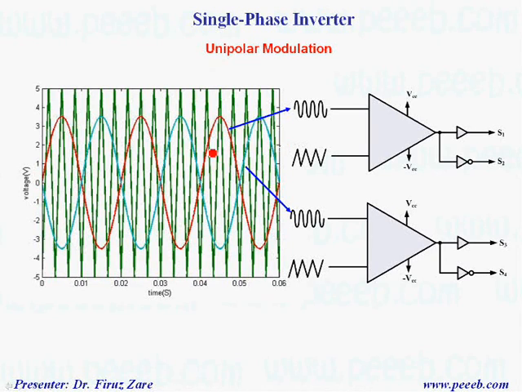In the control section, we have two comparators, one for leg A and the other for leg B. We have two sinusoidal voltage waveforms, one for phase A and the other with a 180 degree phase shift for phase B. By increasing the switching frequency, we can have more pulses, and definitely we can reduce the harmonics and improve the voltage and current waveforms.